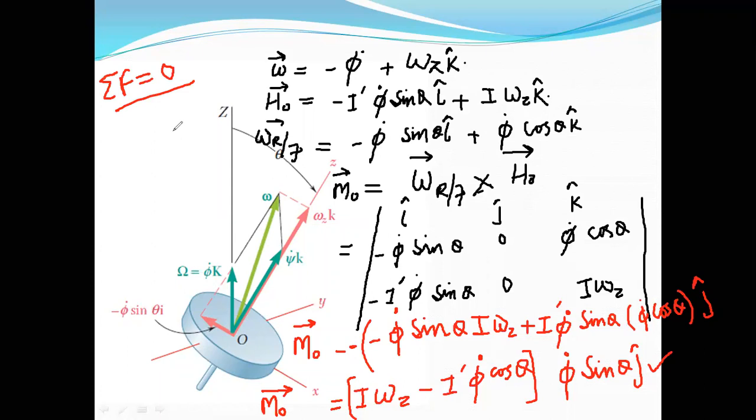Number two, we need to highlight two important things about the gyroscopic motion. First of all, as far as the summation of all the moments equation is concerned, we have to explain it a bit.